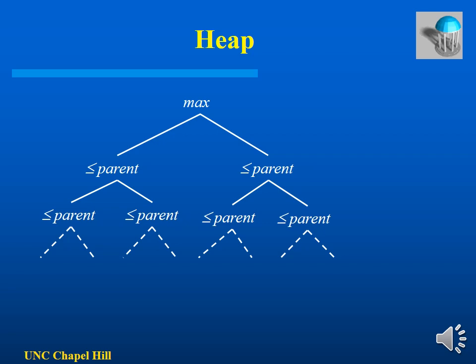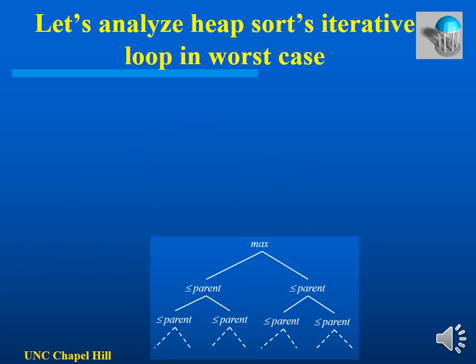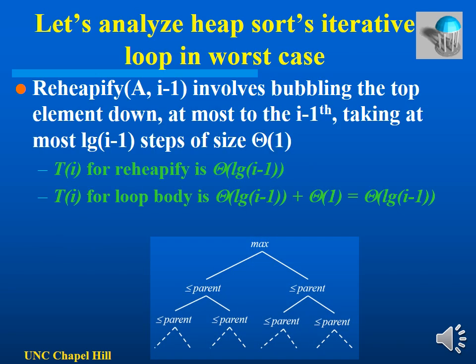The reheapifying involves starting at the top and going down the number of levels to get down to that level where the last unsorted element is. That is to say that since there are I-1 of them, that'll take log I-1 steps.